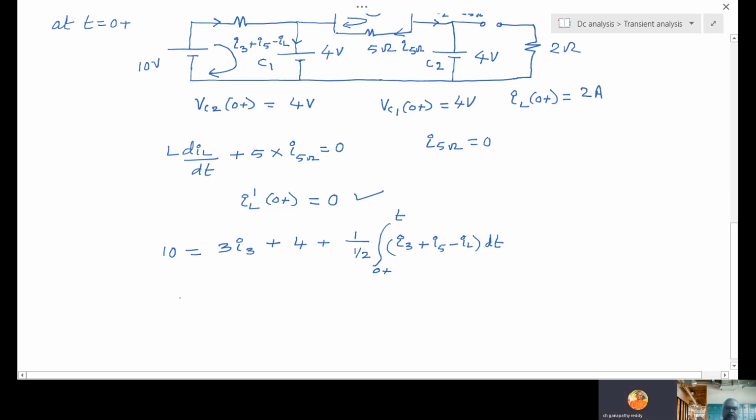So this you have to simplify. Now differentiate, you get 0 equal to 3 I3 prime plus 0 plus 2 into I3 plus I5 minus IL.